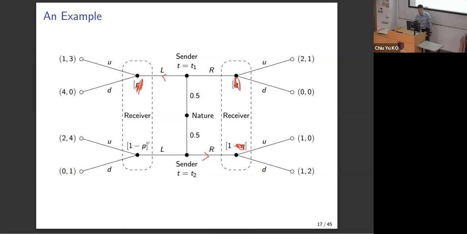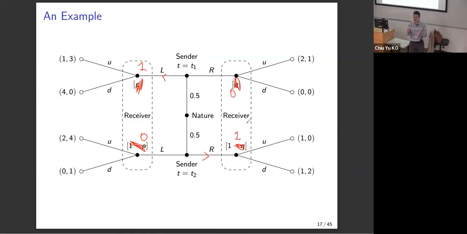This is 1, this is 0, and this is 0, this is 1. This is what the Bayes rule tells you. Why? Because you play many times.